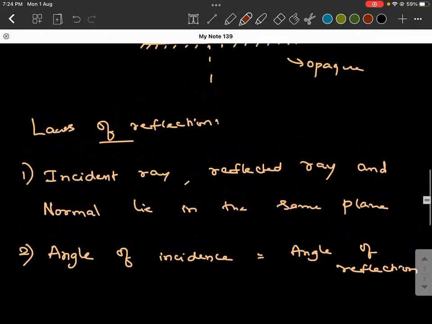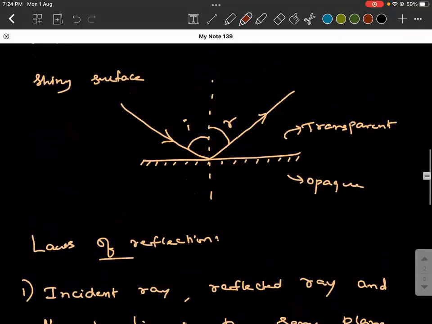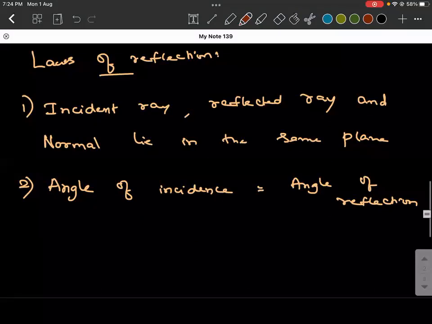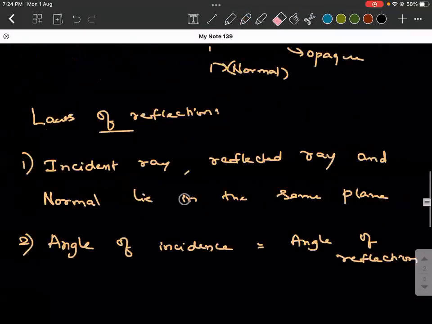Angle is measured between two lines: the angle between the incident ray and the normal. What do you mean by normal? Normal is a line which is drawn perpendicular to whom? To the reflecting surface. Is that clear? The incident ray, reflected ray, and the normal all lie in the same plane. Okay.